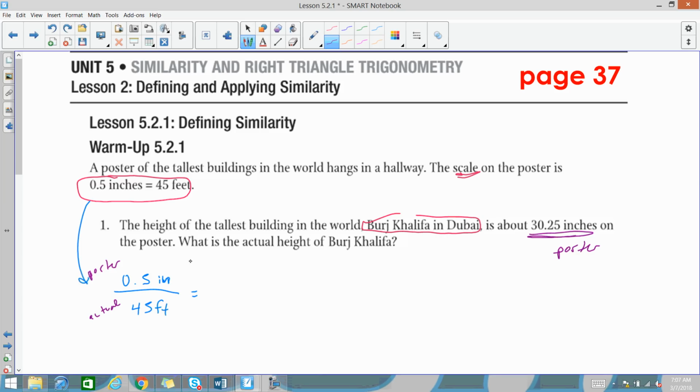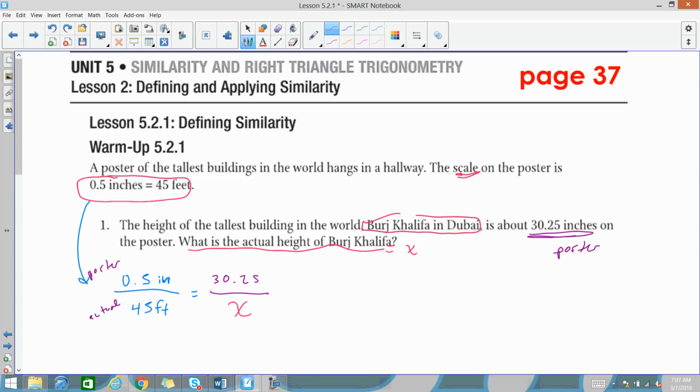So where are we going to put this 30.25 inches in this proportion? Well, the 30.25 inches is going to be up in the top. And what we want to find is the actual height of this building, and that's going to go down here. We're going to call this X. The actual will always be your X, or the side we're missing, the length we're missing, we'll call X.